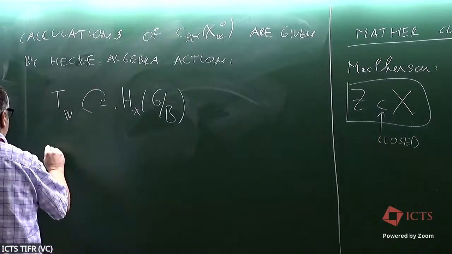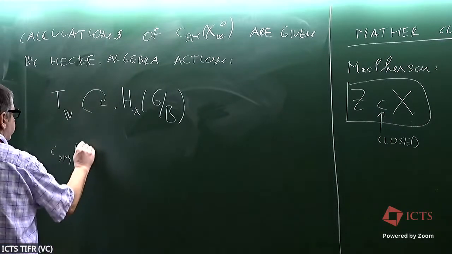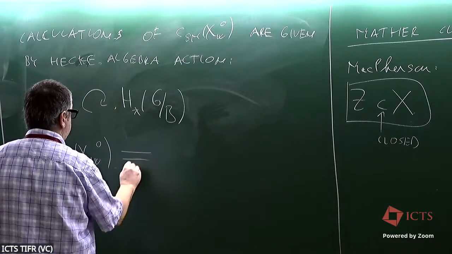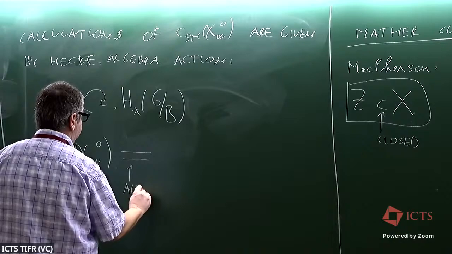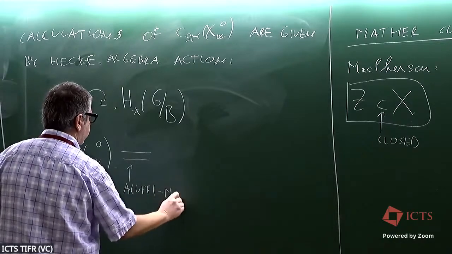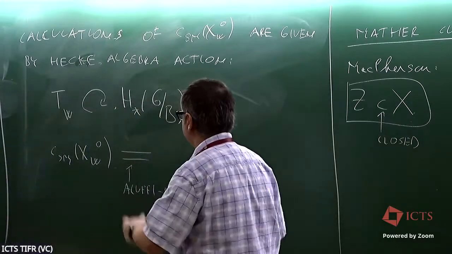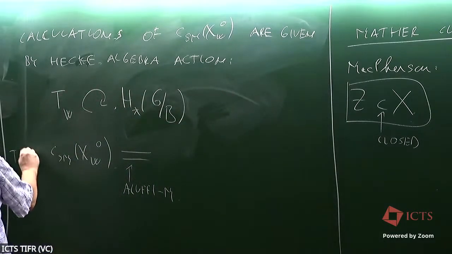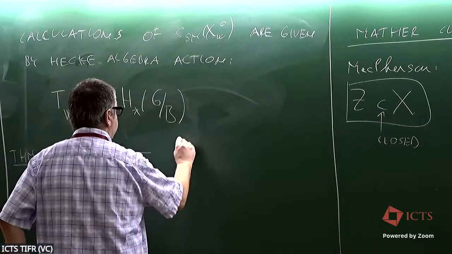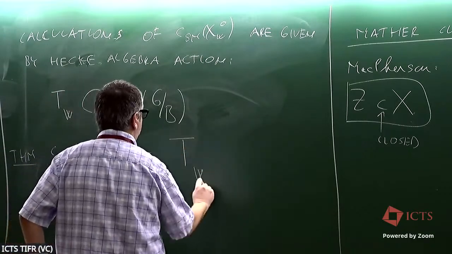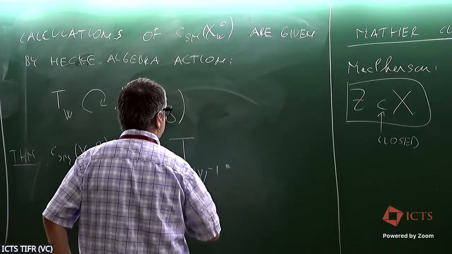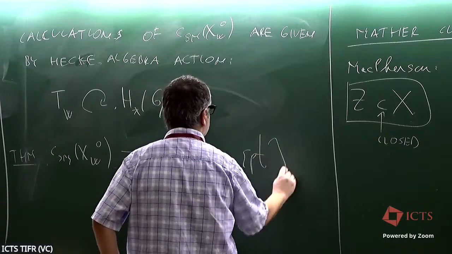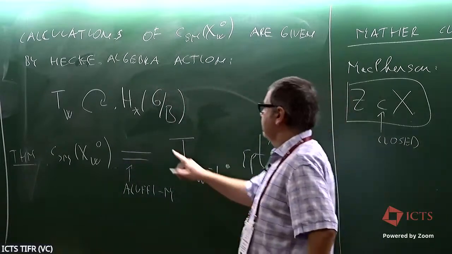I'll just say the following: this is a theorem that we proved with Paolo, but there are several other versions of this. It says that the CSM class of the Schubert cell is the image of the standard basis operator for w inverse acting on the class of a point in the homology of G mod B.